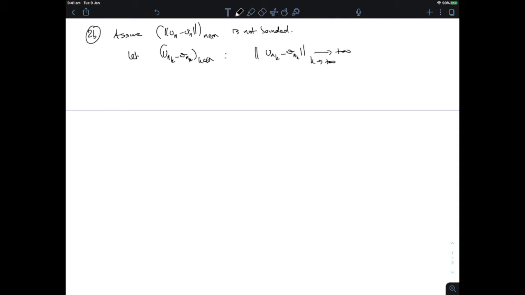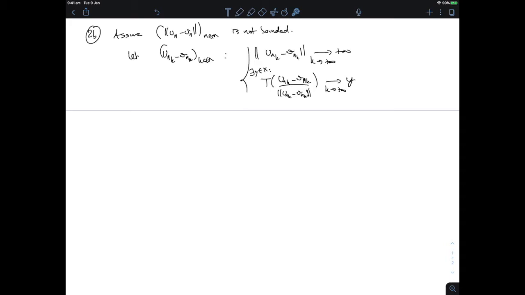I can do that because u_n minus v_n is not bounded. And in the meantime, if I look at T of (u_nk minus v_nk) divided by its norm, I would like this to converge to something. So there exists a y in X such that this tends to y as k goes to infinity, which is possible by compactness of T.